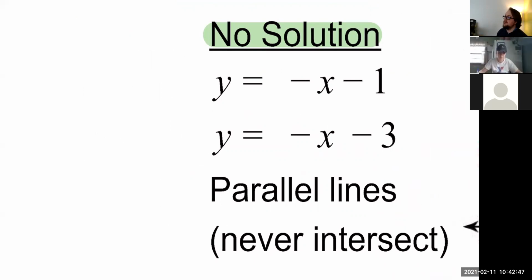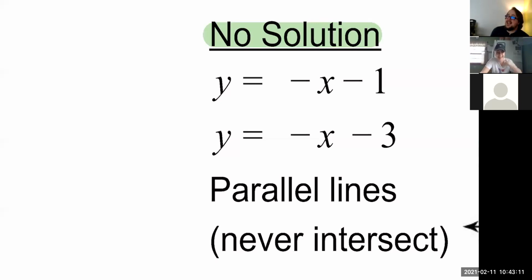How would you know? Because -3 and -1 are on different points of each other. Right, but those are y-intercepts. Of course they're going to intersect at different points, typically. The slopes are the same? The slopes are the same. What does that mean? That they're parallel? They are parallel, yeah.